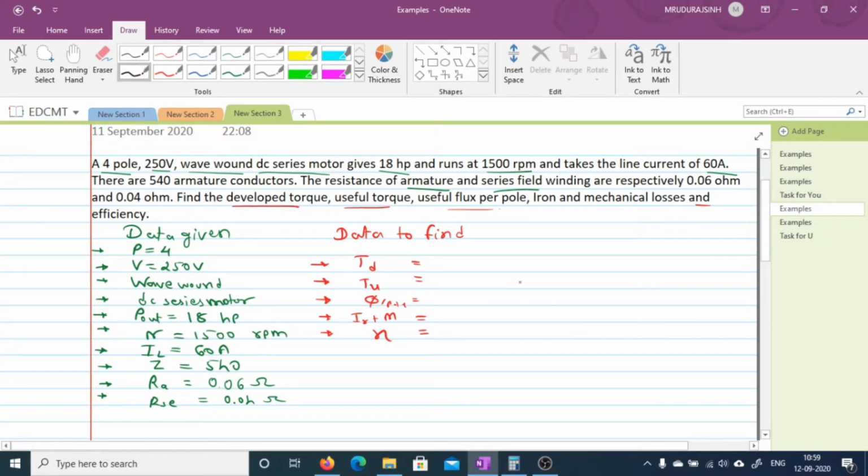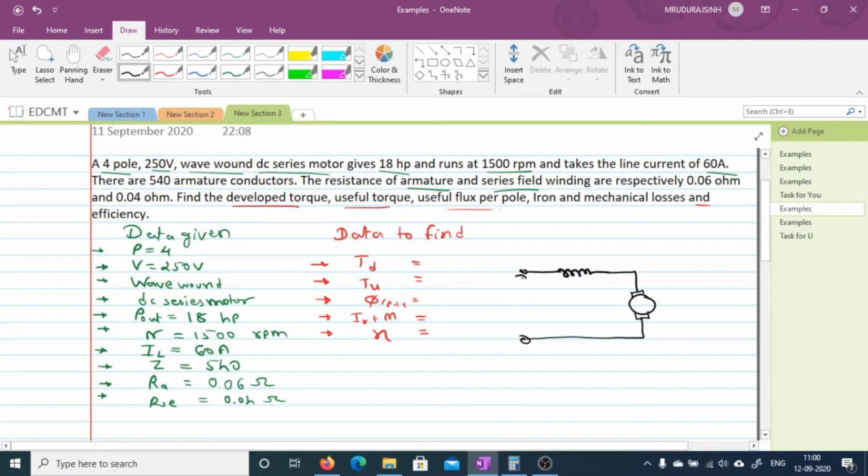To start with the solution, first of all we'll draw the diagram of a DC series motor. So this is how we can prepare the diagram of DC series motor. This is the armature. The diagram is ready.